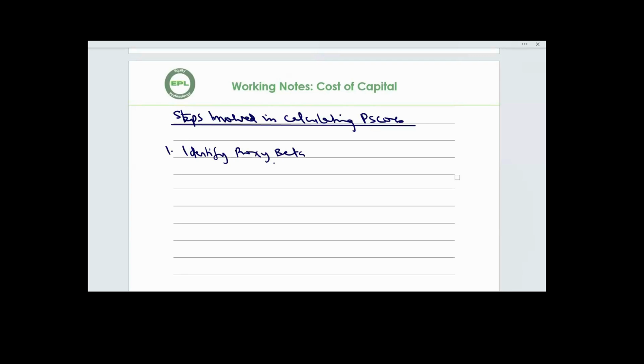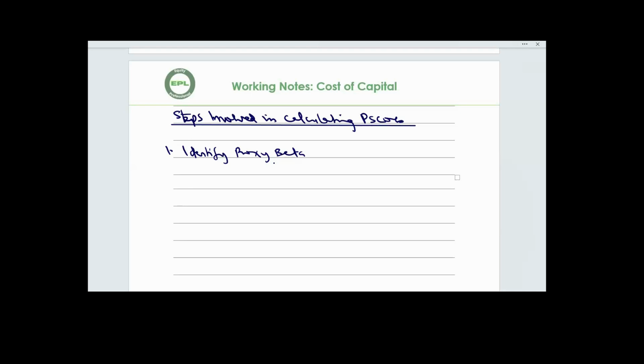Now, how do you identify proxy beta? You go to the question. Whenever the examiner gives you a scenario and you're asked to calculate cost of capital, usually from the first paragraph, there will be an indication to show you whether this is project specific. Once you can see that the company intends to diversify or is diversifying, you need nobody to tell you that this is project specific.